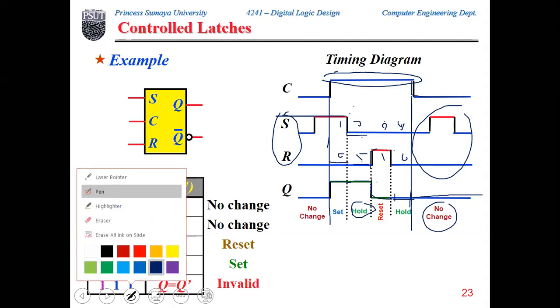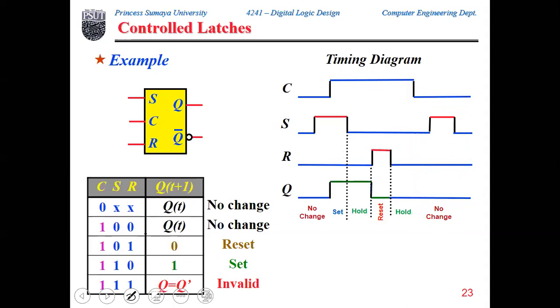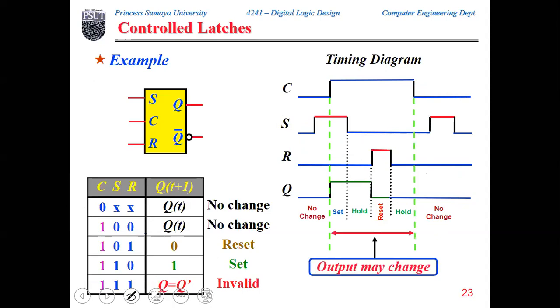Basically, this is easier to analyze because we only need to look at S and R, or the control, these inputs, only when the clock is high. Otherwise, during this period of time and this period of time, the Q will not change.